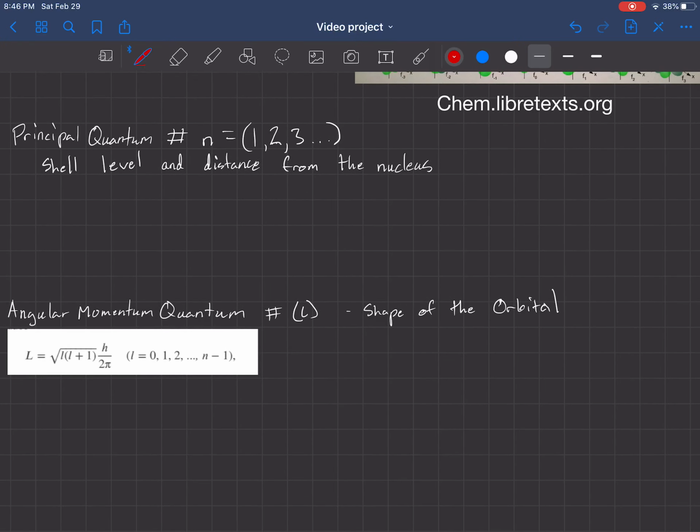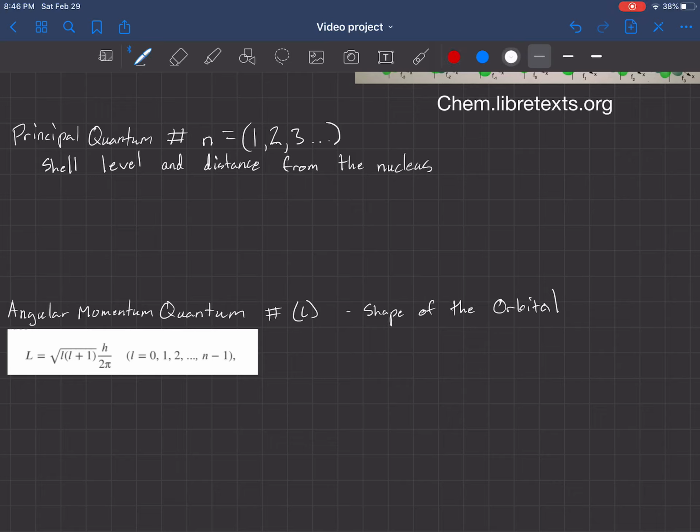The first one we're talking about is the principal quantum number, which we represent with n, and n can equal any integer: 1, 2, 3, 4, 5, 6, 7, etc. This is particularly talking about the shell level and the distance from the nucleus.